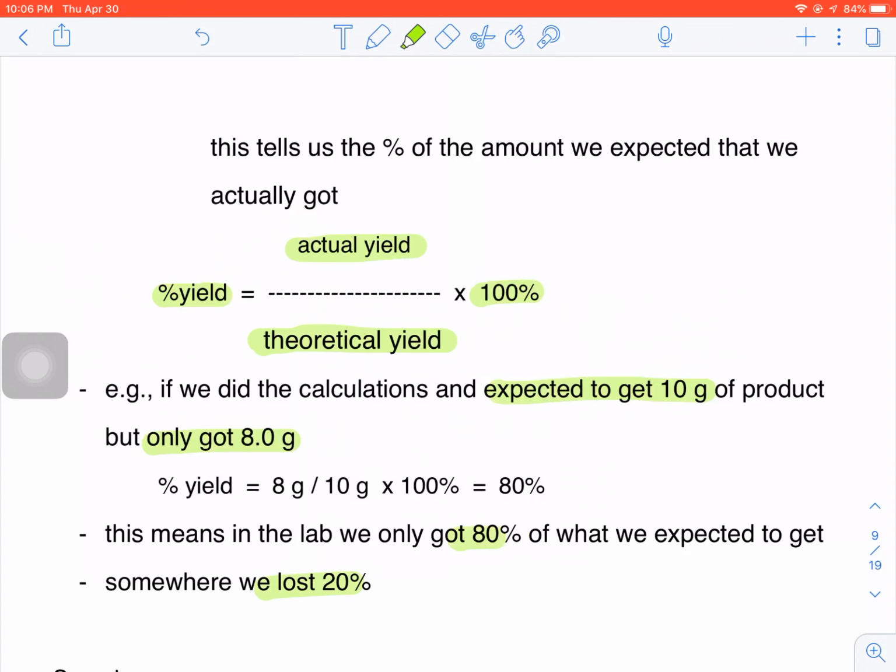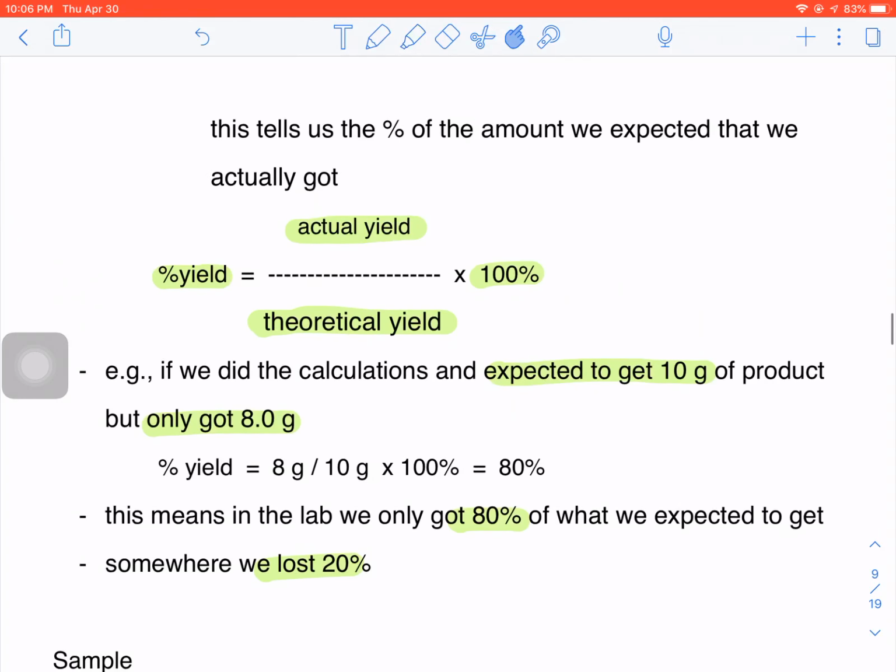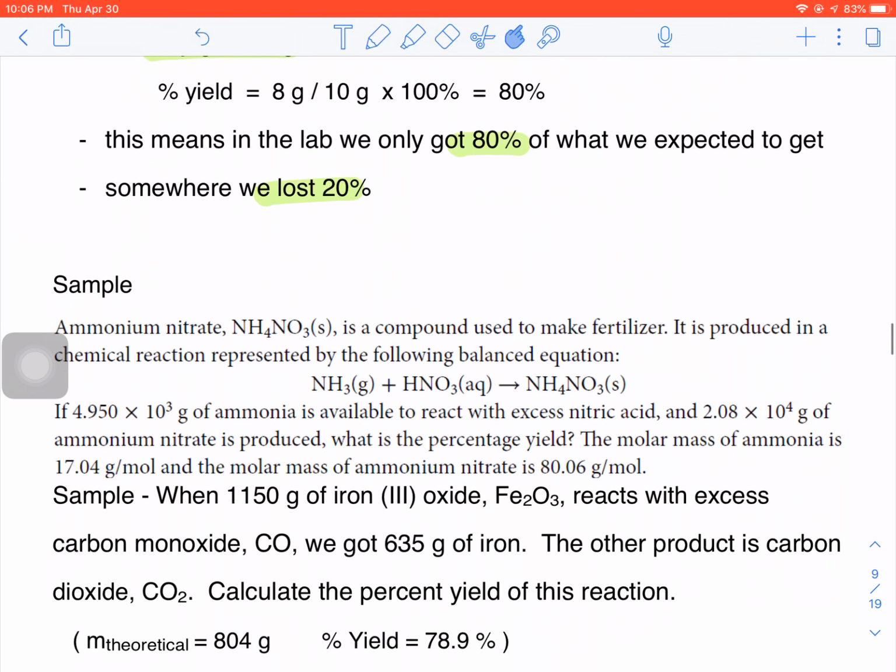That means I've lost 20% of my product, and 20% of my revenue has just gone down the drain or wherever it disappeared to. So we need to be thinking as we're doing our labs to make sure that we lose the minimum amount so that we can maximize our profit, right? And again, that's how the world of work works.